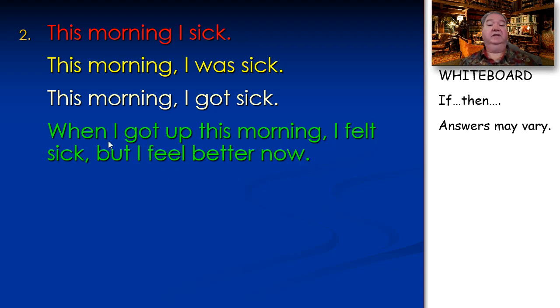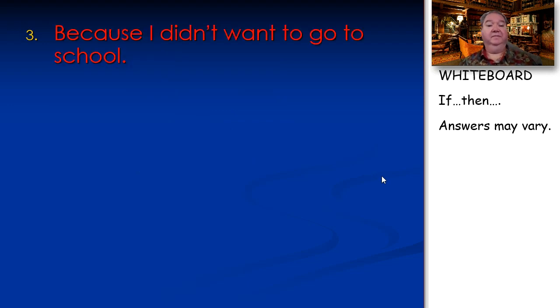So we use this morning in a dependent clause. When I got up this morning, that's a dependent clause. I felt sick. We've added a verb here. I felt sick, independent clause, comma, conjunction, another independent clause. Okay, so that one we did a lot more to it, but it makes a more descriptive, more complete sentence.